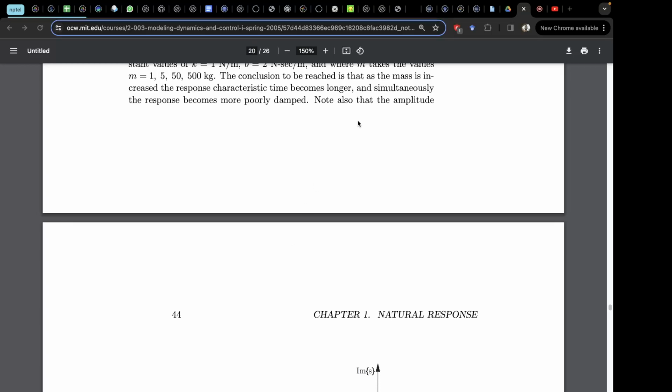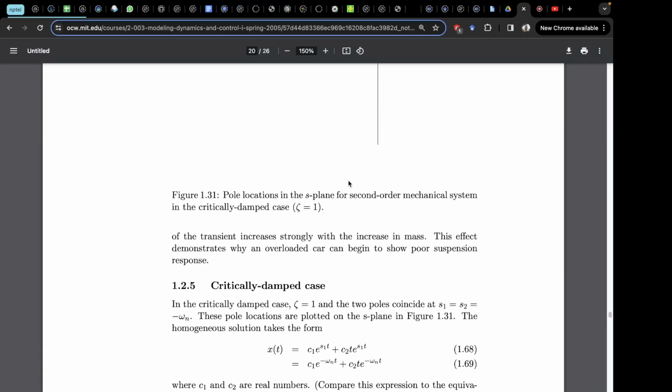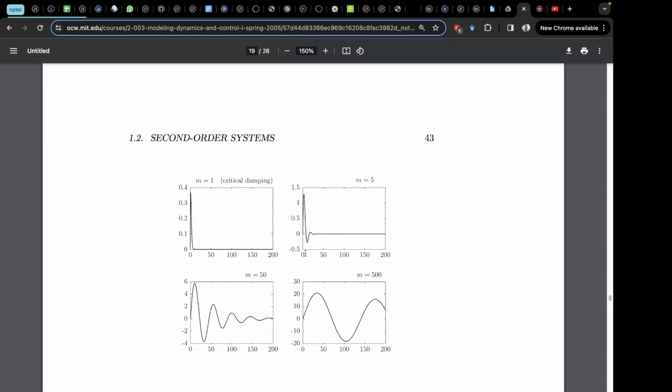And also there is a note that the amplitude of the oscillatory transient response increases strongly with increase in mass, right? Why this case is slightly more complicated is that mass is affecting both the damping ratio and the natural frequency.